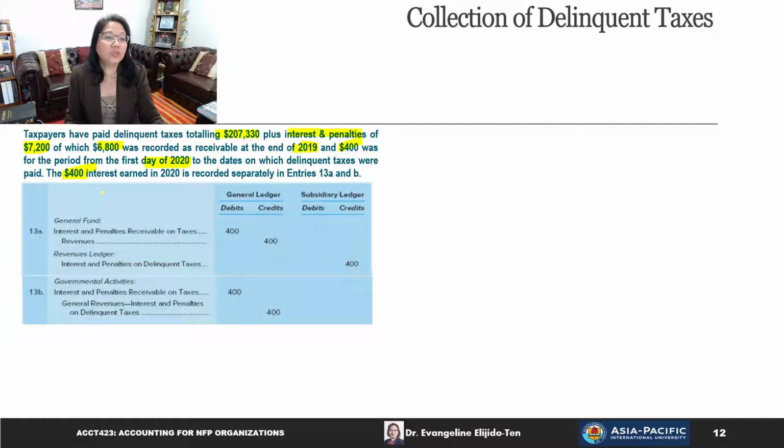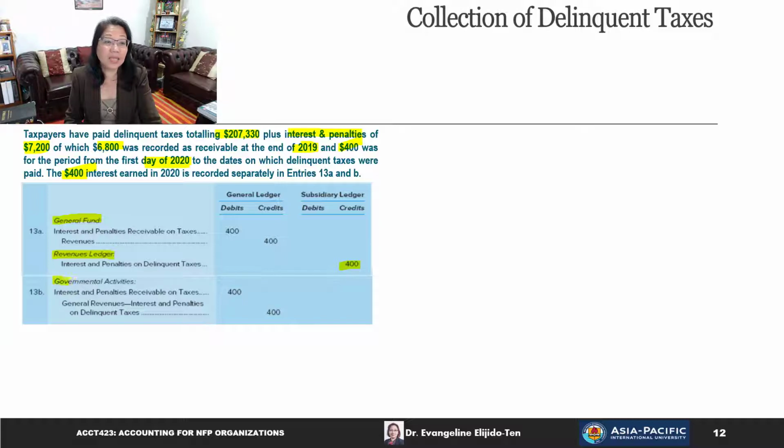Let's go to the general fund journal entry. We will debit interest and penalties receivable on taxes, $400, and credit revenues, $400. That's just for the $400 that pertains to 2020. And in the subsidiary ledger, under the revenues ledger, we will also record a credit to interest and penalties on delinquent taxes.